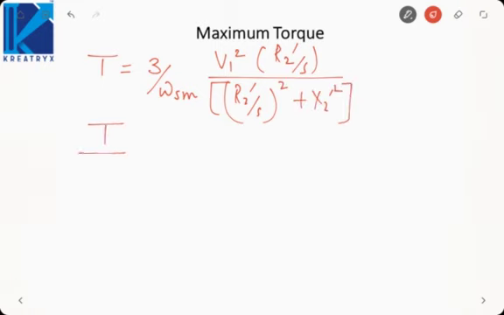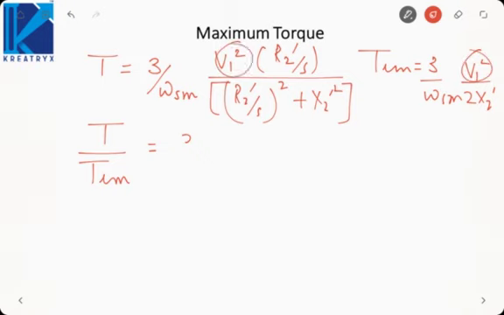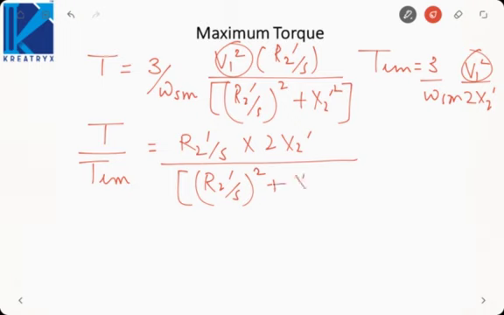Now if it is divided by the maximum torque, 3 by omega Sm will get cancelled out because maximum torque is 3 by omega Sm V1 square by 2 X2 dash. So 3 by omega Sm will get cancelled out, V1 square will get cancelled out. It will be R2 dash by S into 2 X2 dash divided by R2 dash by S whole square plus X2 dash square.